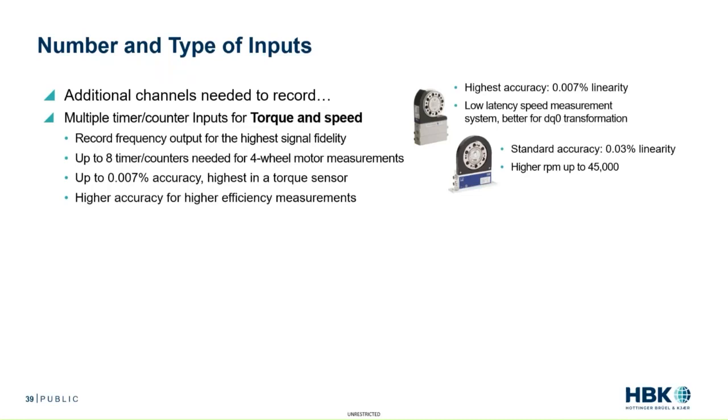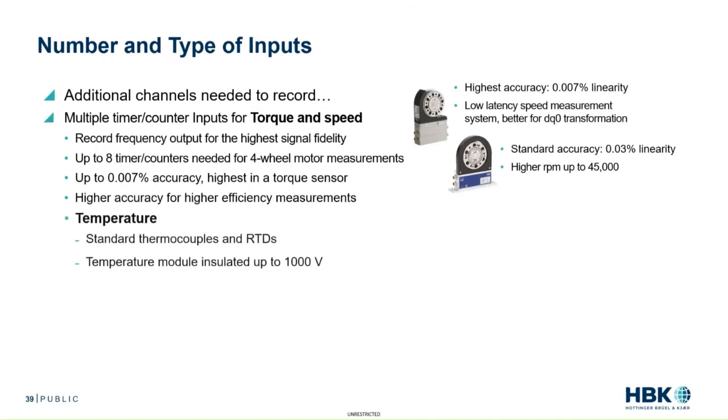So you see 2 torque transducers here in the upper right corner. For some of the traditional measurements, maybe you only need 0.03% linearity. But when you're really looking to improve the efficiency of an electric drivetrain, you want to strongly consider the highest accuracy available on the planet, that being, again, 0.007% linearity.